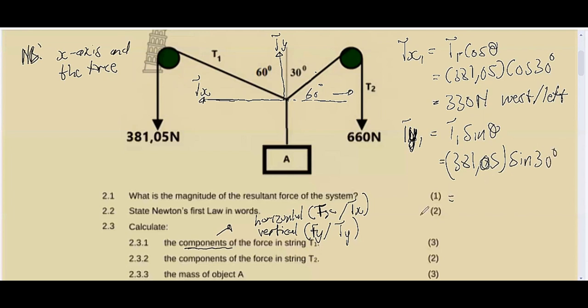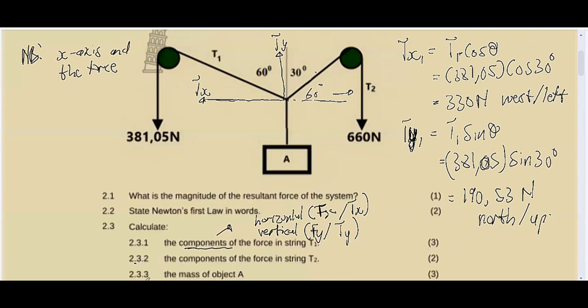When I punch this into my calculator, it gives me 190.53 newtons. But then look at this force here, it's going up there. So it's in the northern direction, or you can just say the direction is up, right? So either way, you'd be correct. Then that's how you calculate the components of the force in string T1.